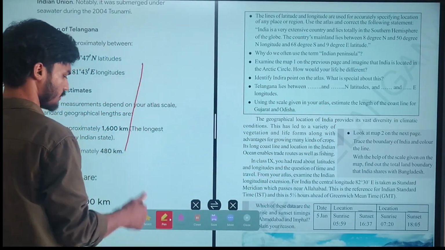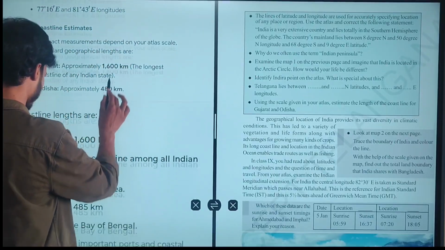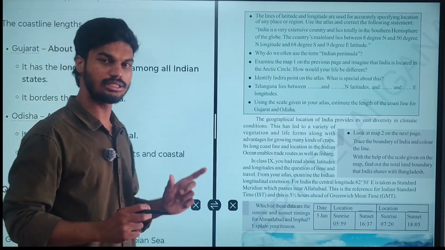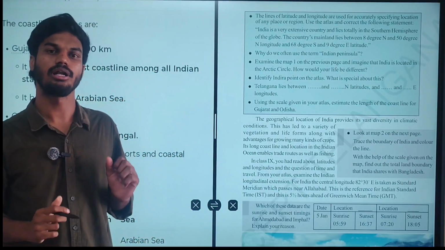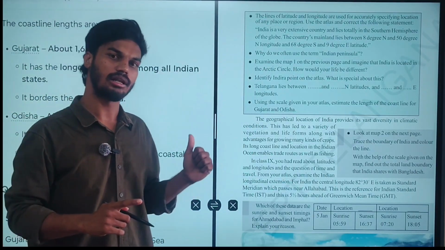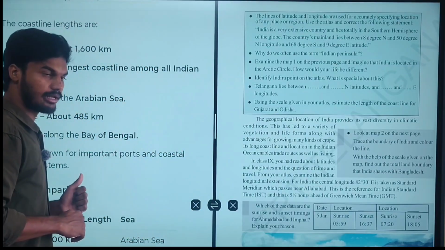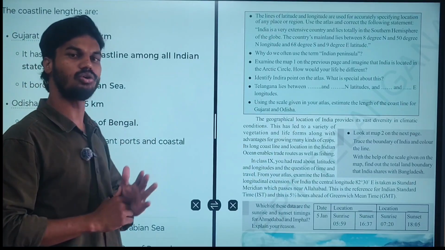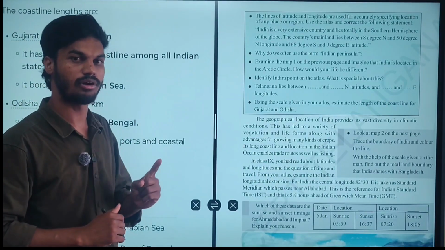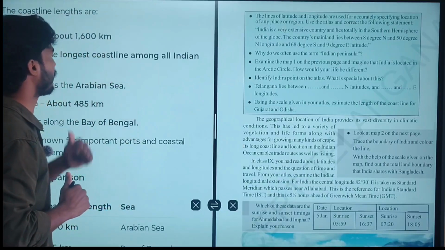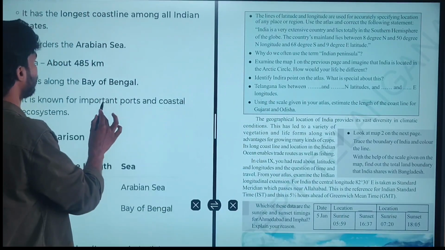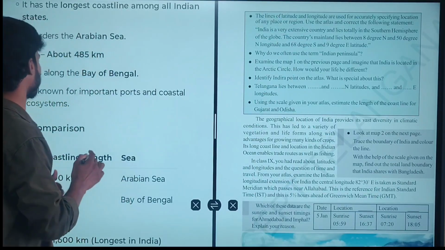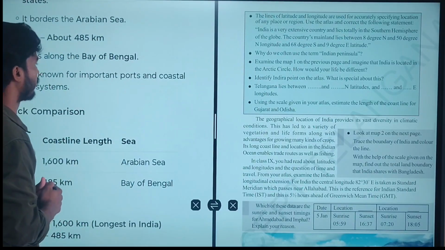Gujarat has about 1600 kilometers, the longest coastline in India. Among all Indian states, Gujarat has the longest coast, approximately 1600 kilometers, and the coastline of Odisha is 485 kilometers. It lies along the Bay of Bengal.